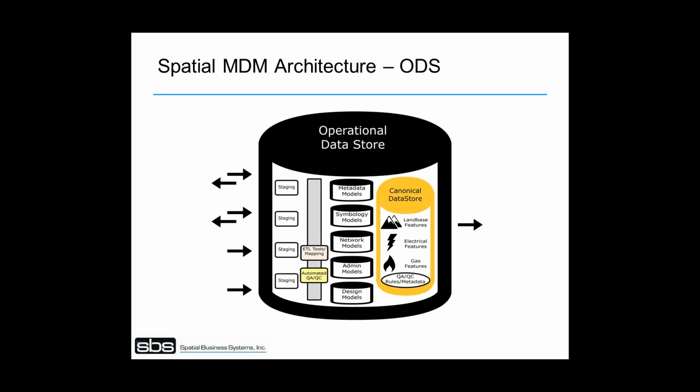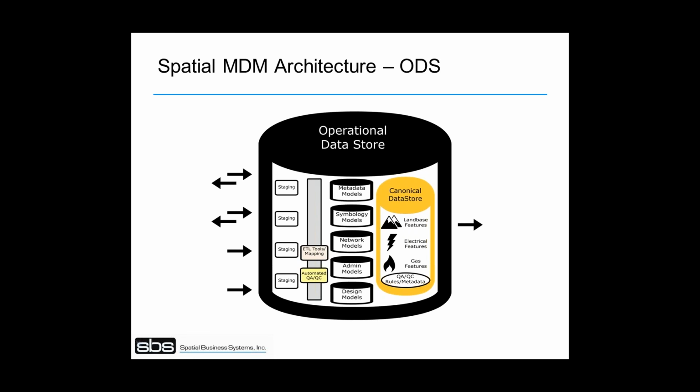And as you can imagine, in addition to the canonical data store, which is handling all the features, and this is a utility example, I apologize if you're outside of the utility industry, but consider those perhaps your assets or other spatial sources. Those get enriched by the metadata models. The need to potentially have different symbology models between the systems also needs to be managed.